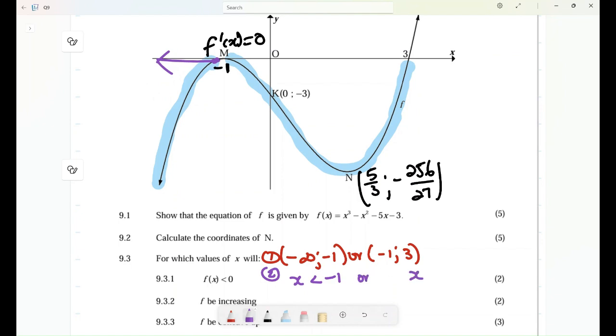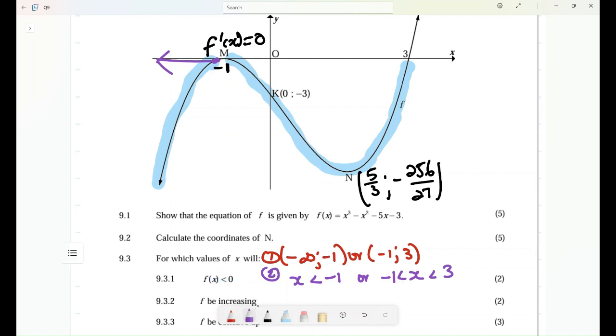Between negative 1 and 3, my graph is also below, but I do not include what? This negative 1. Why? I do not include the values of x, because the interval says strictly less than, not equal to.